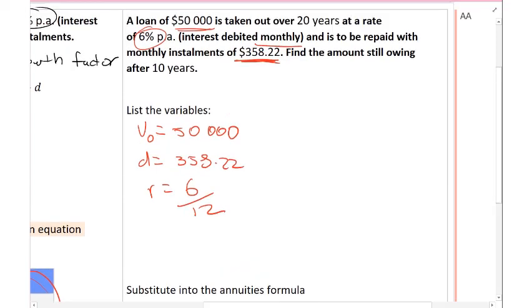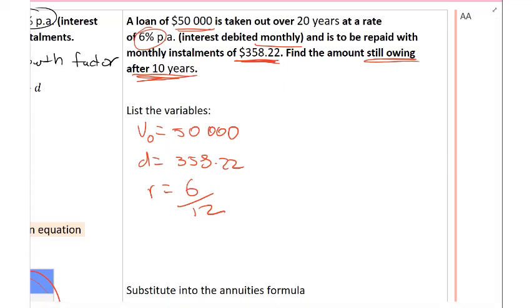I want to find the amount still owing after 10 years. What that means is I'm making monthly payments, so 12 payments a year for 10 years. So my number of payments is going to be 10 years times 12, because it's every month, 120.